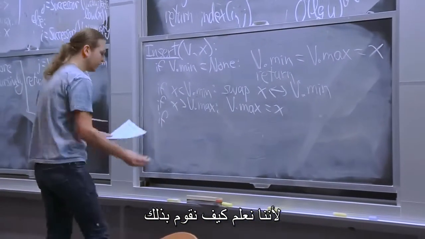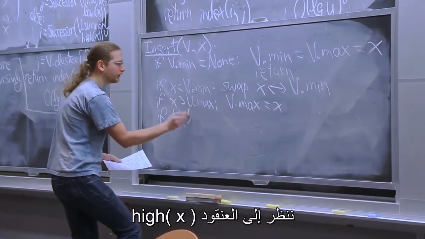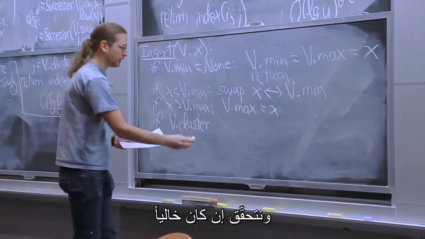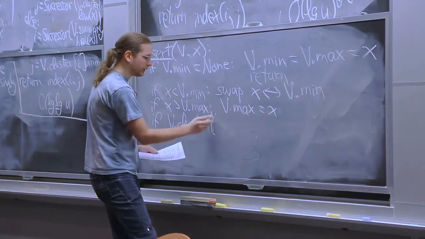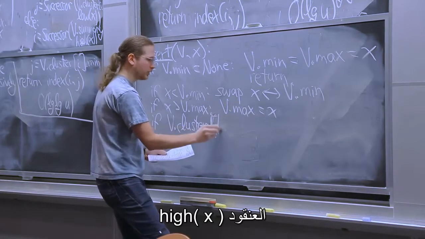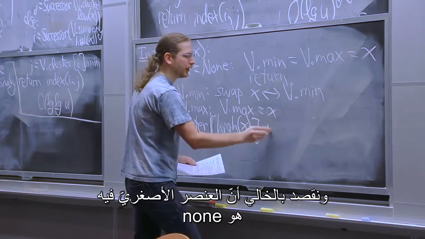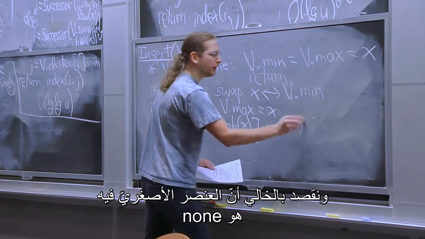Because we know how to do that, we just look at cluster high of x, and we see, is it empty? Empty means its minimum is None.